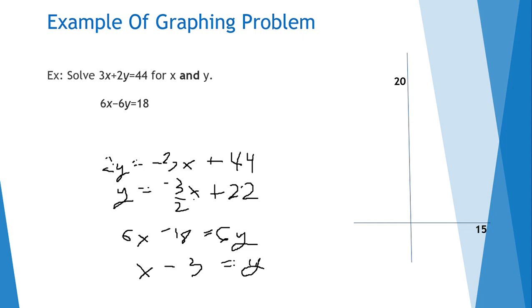Okay, and let me just graph this. It won't be perfect, but I can try to give you an estimate. So we have plus 22, so we know our first graph is going to start right here, and we have -3/2, which means that I'll probably do a slope of something like this. And then x minus 3 equals y, so -3 is our y-intercept, so we'll be somewhere down here. And x is obviously positive, and we're just going up, so I'm just going to do a little bit of this.